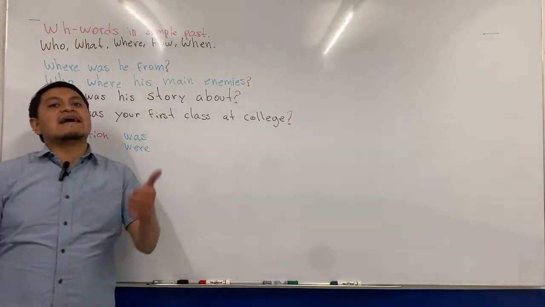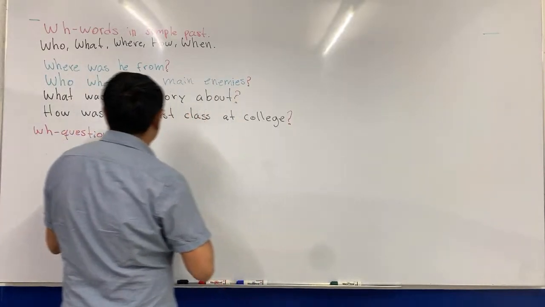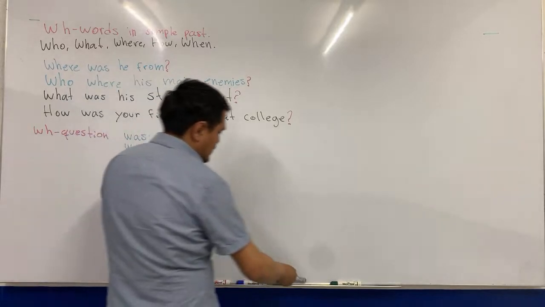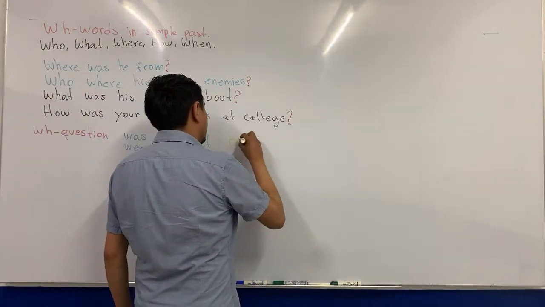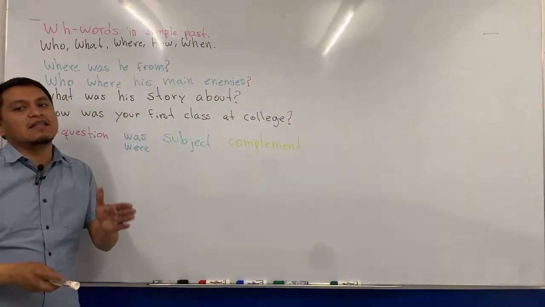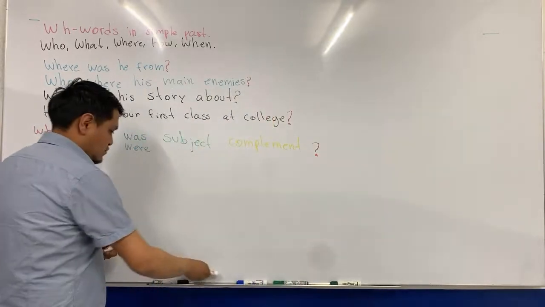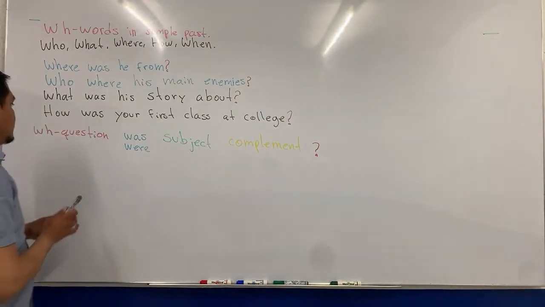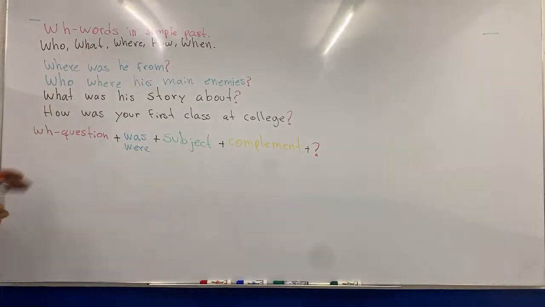After that, we need a subject, a complement, and finally the question mark. It's like this, right? Check this.